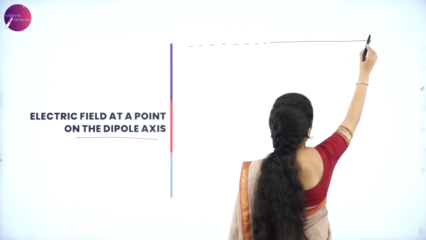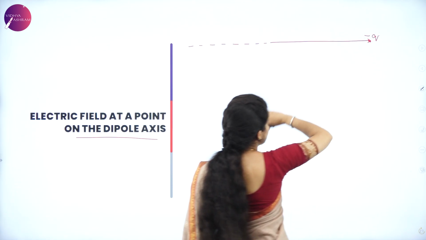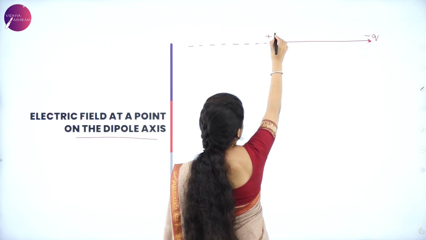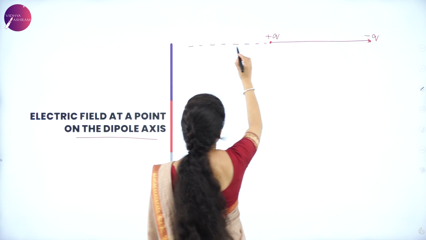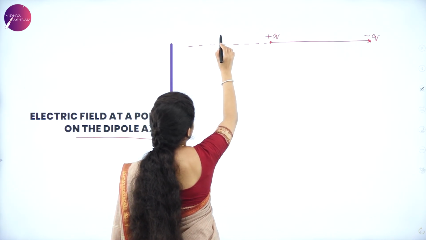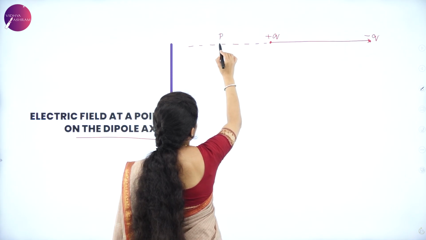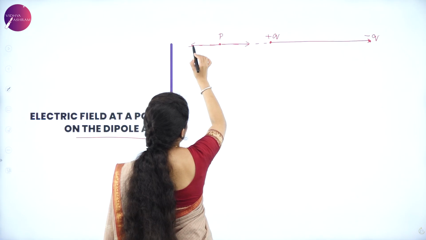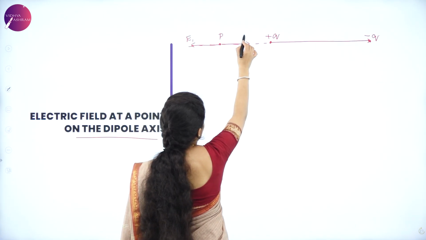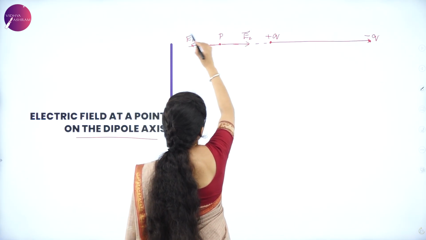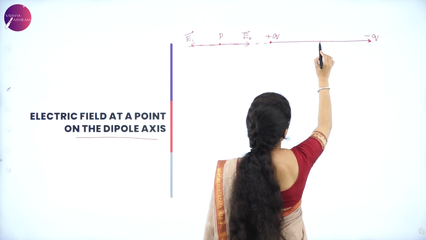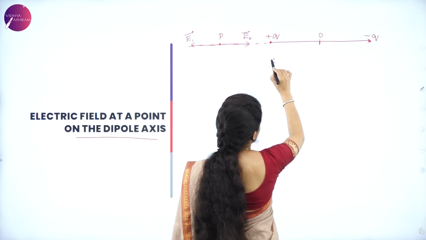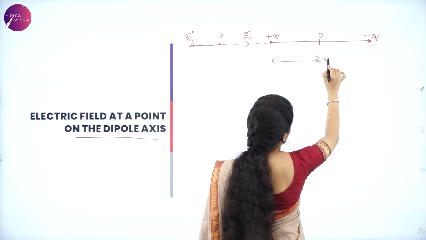Here you have minus Q, here you have plus Q, and there is a point P which experiences electric field, and this is E1 and E2, and there is a center called O, and the total distance is called 2A.